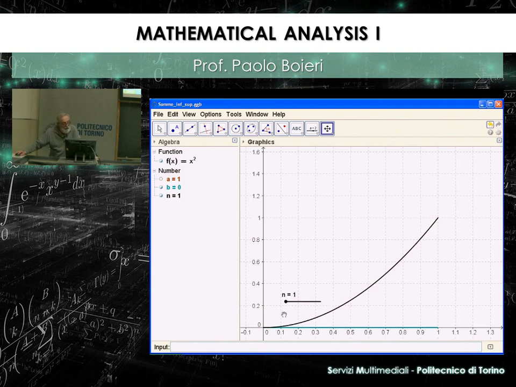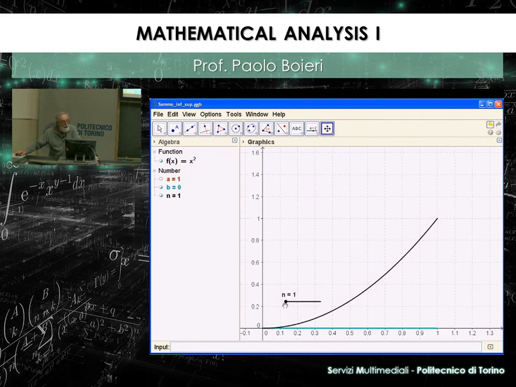But if I divide this interval into two parts, then what happens? In 0 to 1 over 2, the approximation of my function from below is 0. But from 0.5 to 1, I can construct what?